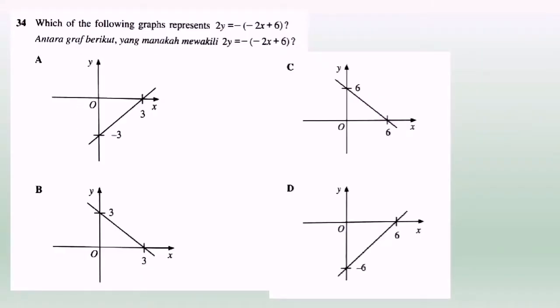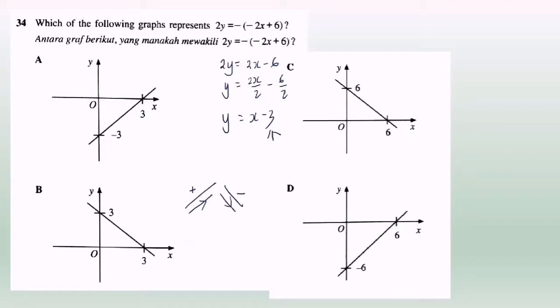Question number 34. Which of the following graphs represents 2y equals negative bracket negative 2x plus 6? So we solve it first. 2y equals 2x minus 6. Positive gradient is like this, and negative gradient is like this. Okay, so this one goes up, positive, goes down, negative.